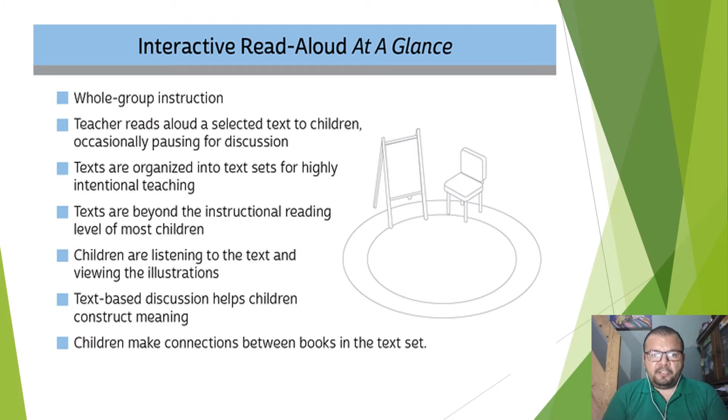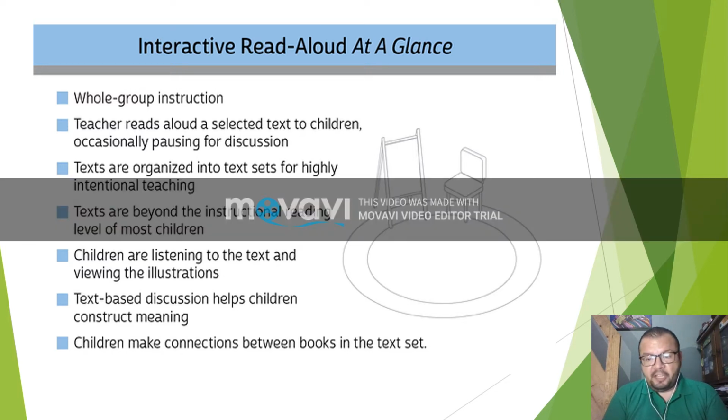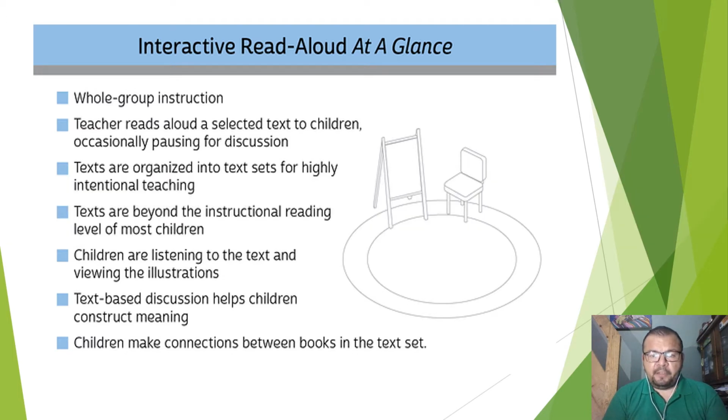Texts are beyond the instructional reading level of most children. Remember, the levels of the children's skills range from beginner to intermediate and advanced, so the texts are going to be from the beginners, the intermediate, and the advanced levels.